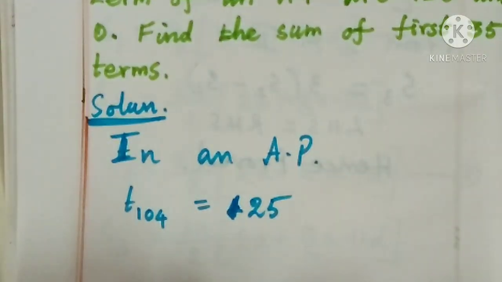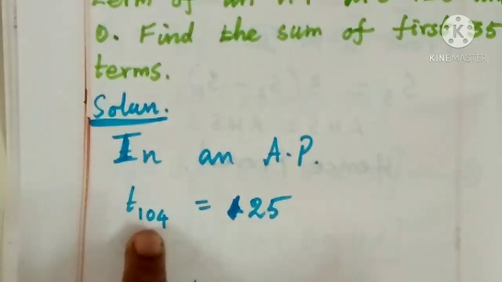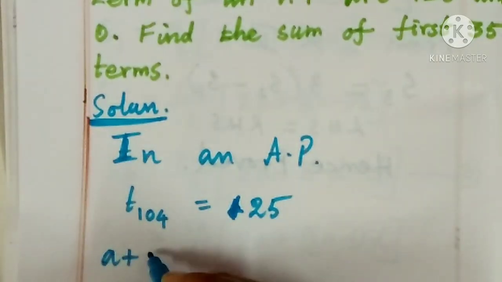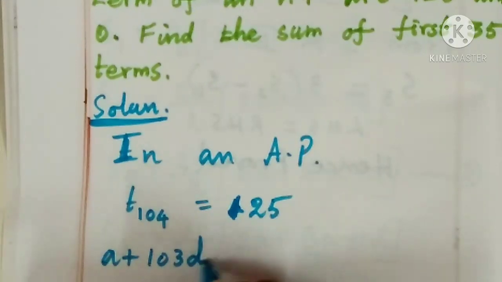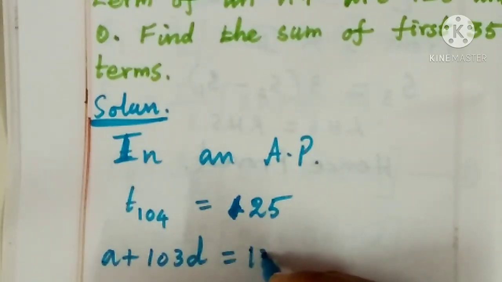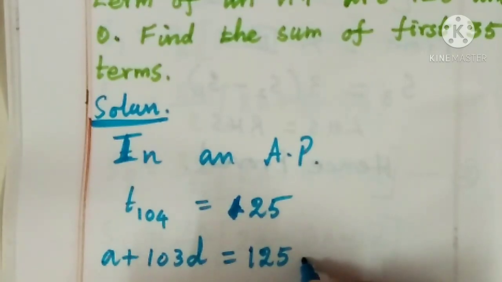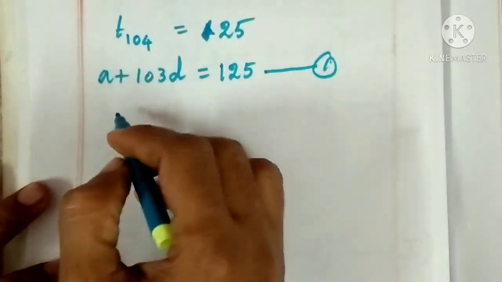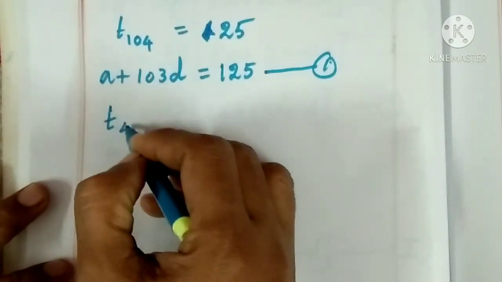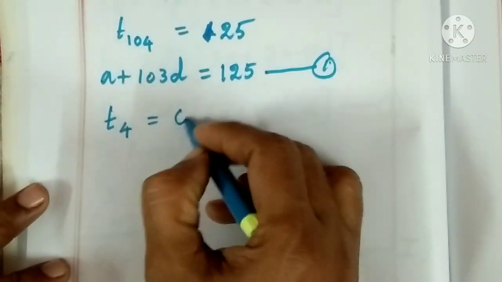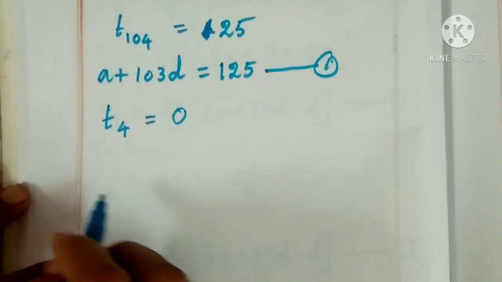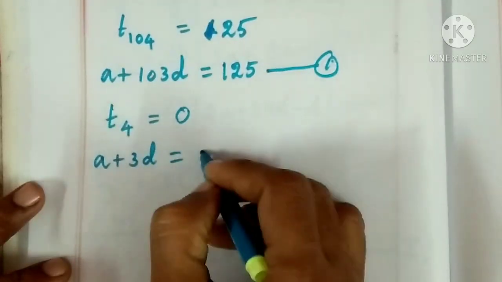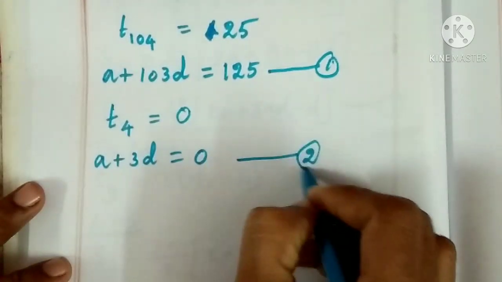Now you have to apply the general term of T104, that is A plus 103D is equal to 125. Let us assume this first equation. Now you have to write the next given, that is T4 is equal to 0. The general term of T4 is A plus 3D is equal to 0. Let us assume this second equation.